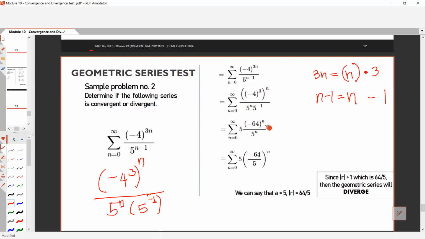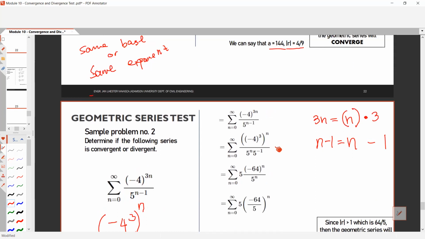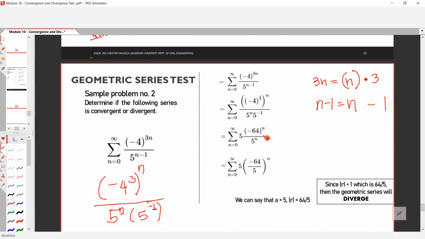Since they now have the same exponent, we can combine them. You can arrange it as the sum from n equals 0 to infinity of a sub n, where a sub n is a times r raised to n. Therefore, the value of a is 5 and the value of r is negative 64 over 5.